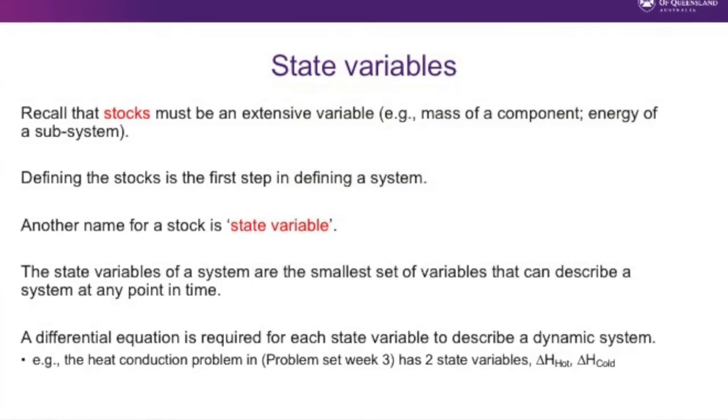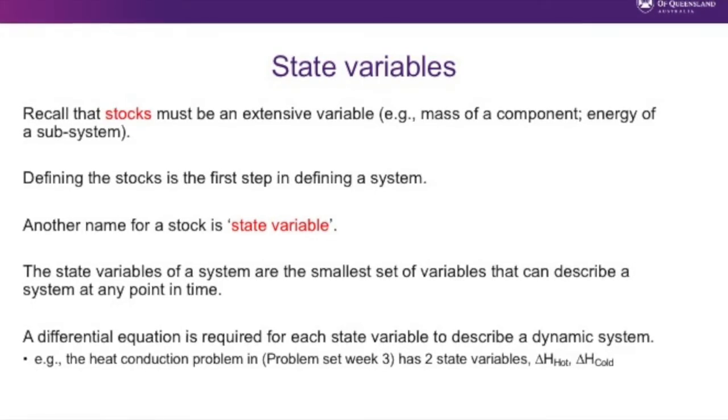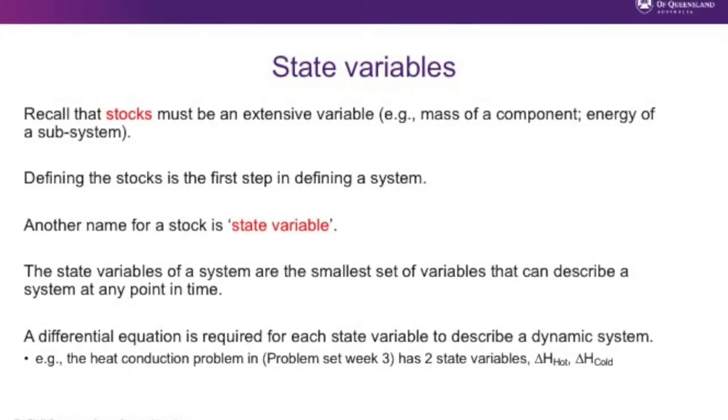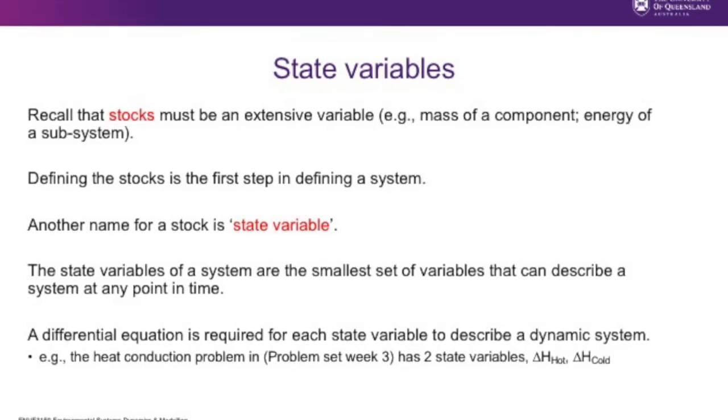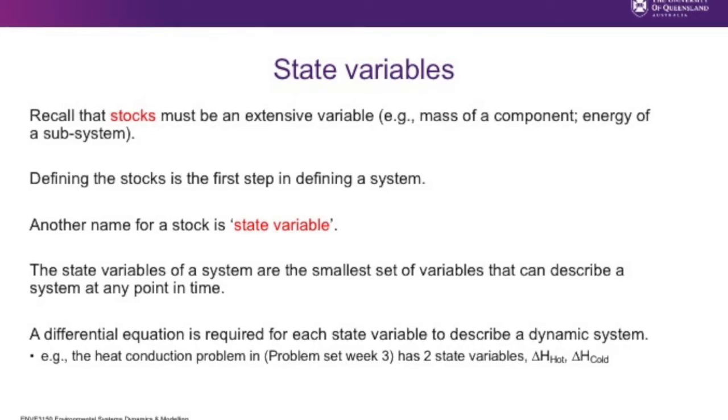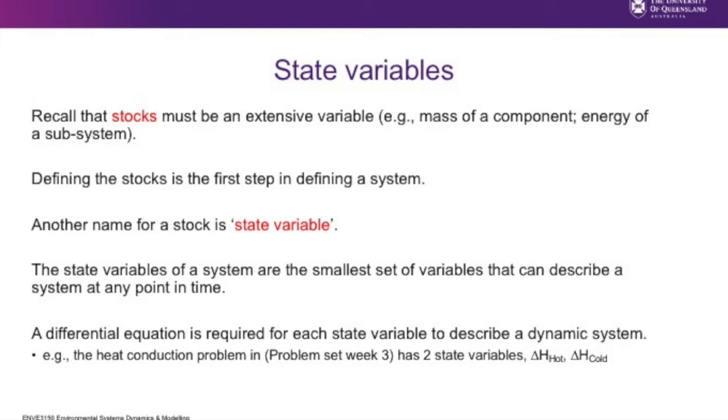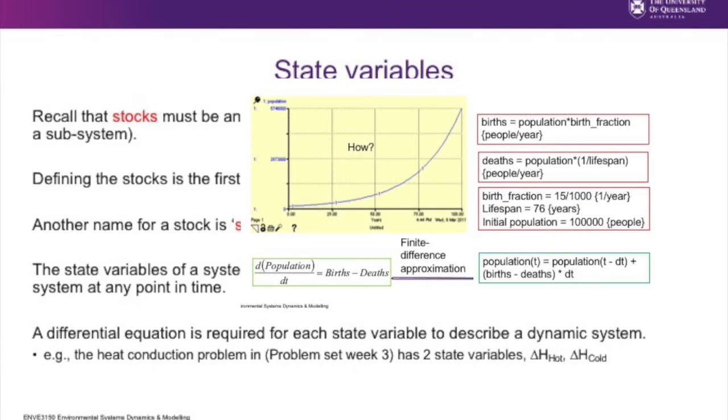So the state of a dynamical system is a minimal set of variables, and the knowledge of these variables at time 0, together with the inputs and outputs, determines the behavior of the system. Therefore, a differential equation is required for each state variable to describe a system.